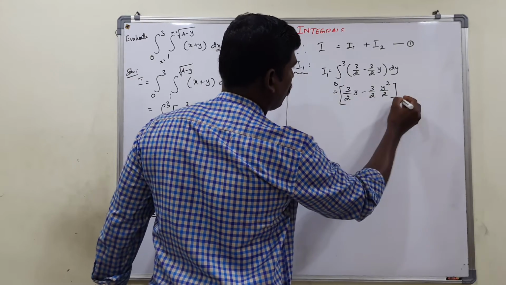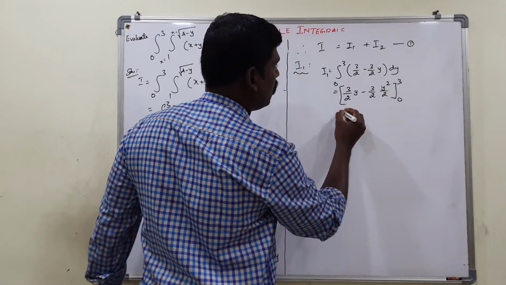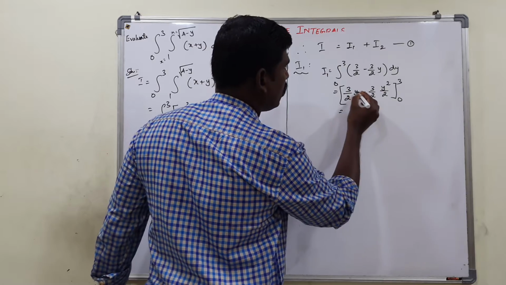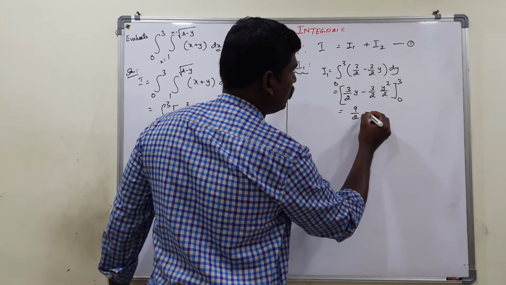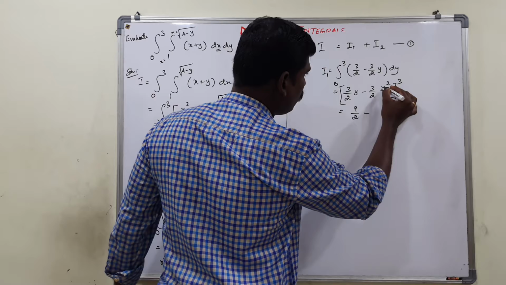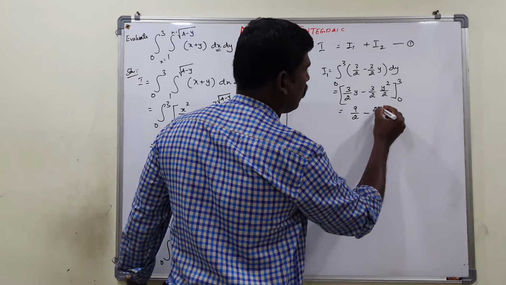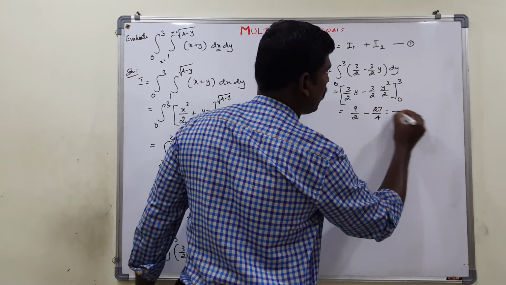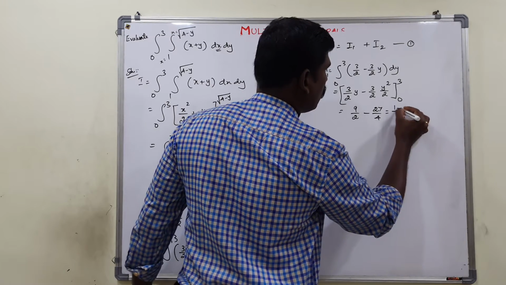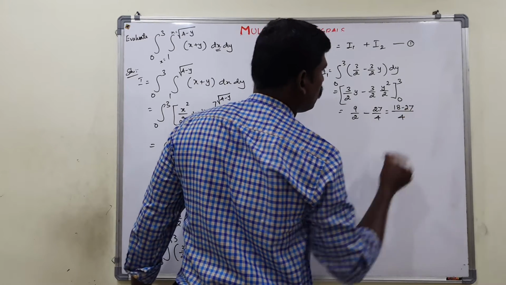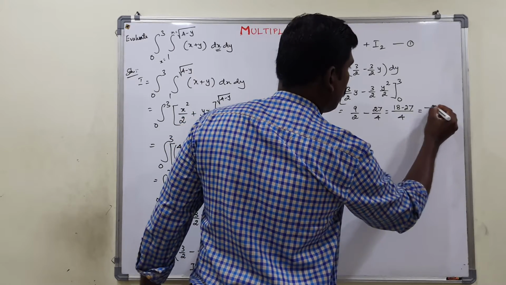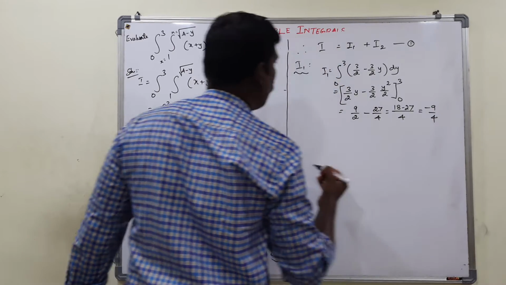The limit for y is 0 to 3. So substitute the upper limit: 3 threes are 9, 9 by 2 minus 3 square means 9, into 3, 27, 27 by 4. So taking 4 as LCM, 18 minus 27, isn't it? So that is equal to minus 9 by 4, the value of I1.